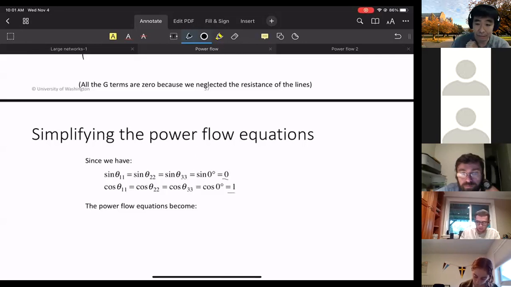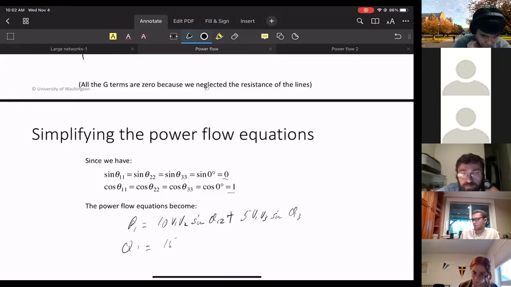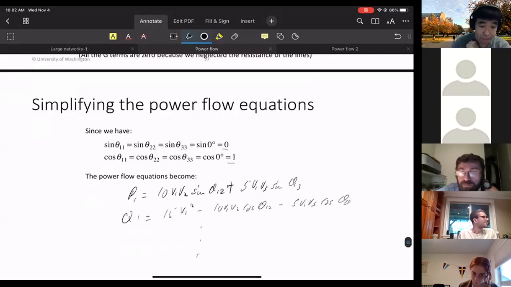So in the shorthand form, for example, we just have P1 as 10 V1 V2 sine theta 12 plus 5 V1 V3 sine theta 13. Q1 as V1 squared, V1 V2 cosine theta 12 minus 5 V1 V3 cosine theta 13. And so on. Okay, so this is the set of equations we have.